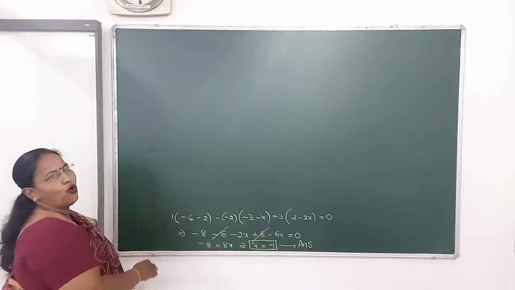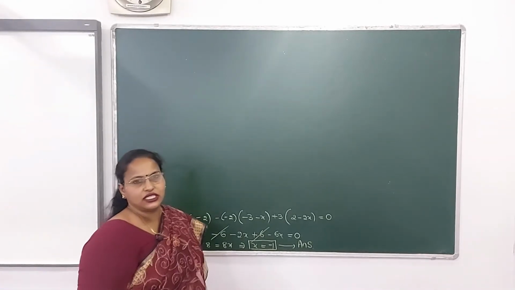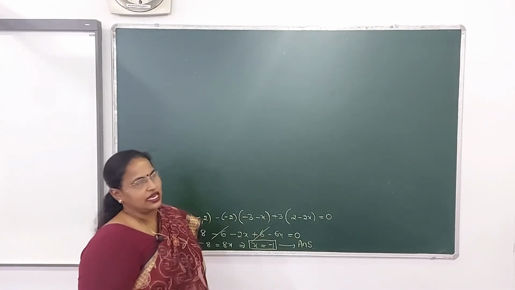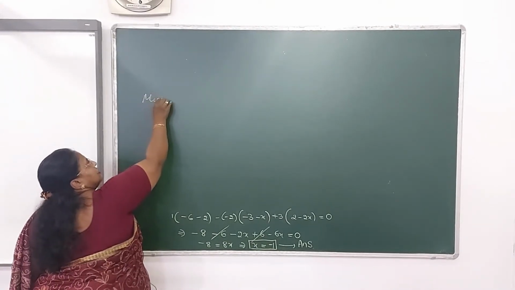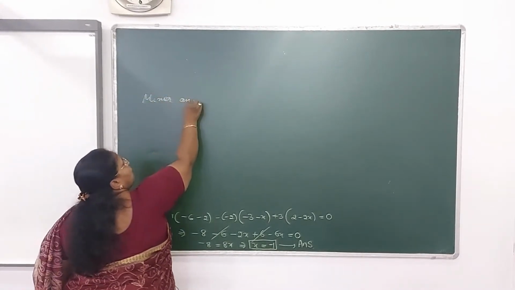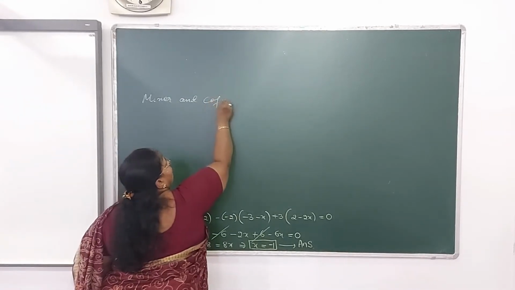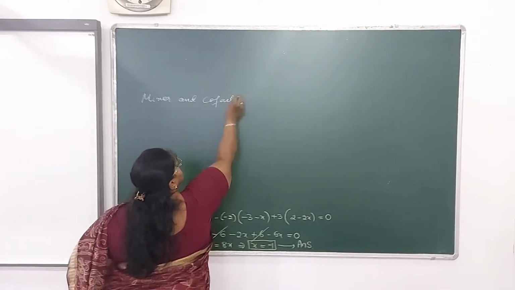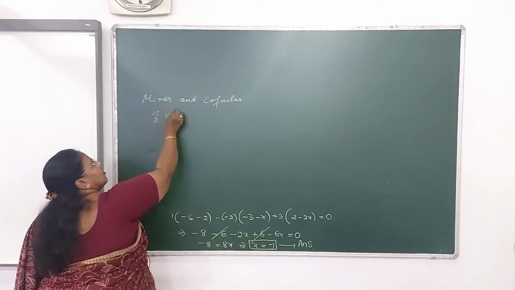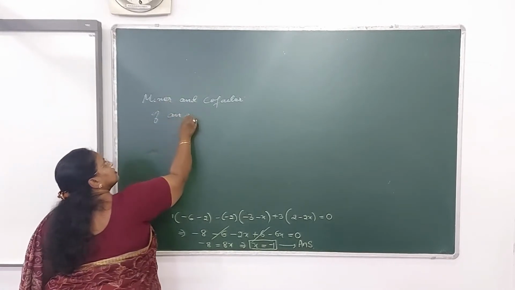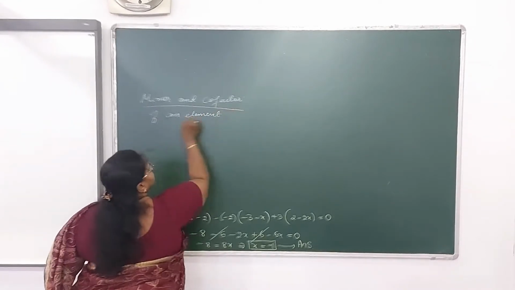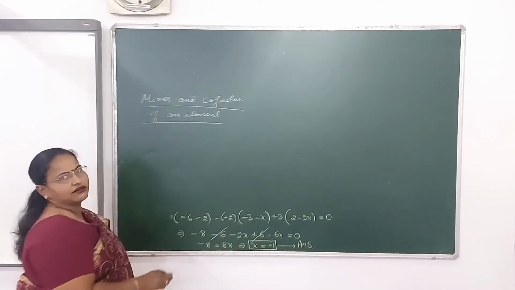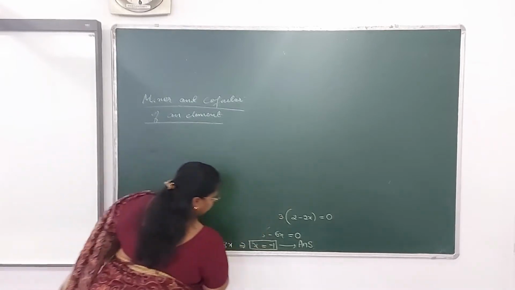Minor and cofactor of an element in a square matrix A. So the next concept is minor and cofactor of an element in a square matrix A. Minor and cofactor. Okay.